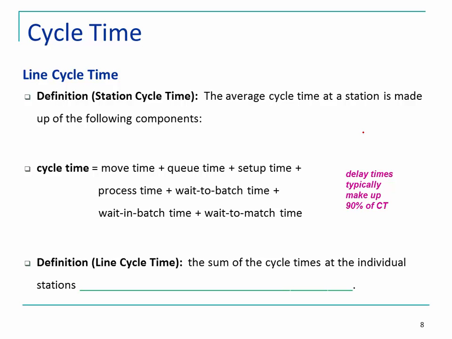So in terms of the definition of the line cycle time, it is the sum of the cycle times at the individual stations less any time that overlaps two or more stations. Okay, so when you look at the total cycle time for your part, you're basically looking at the cycle time for going from one machine to the other to complete the sequence.